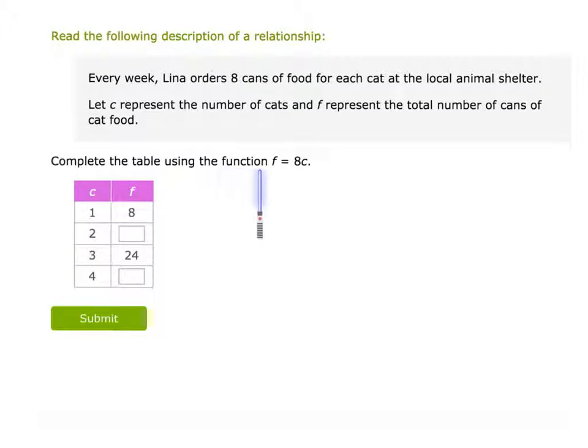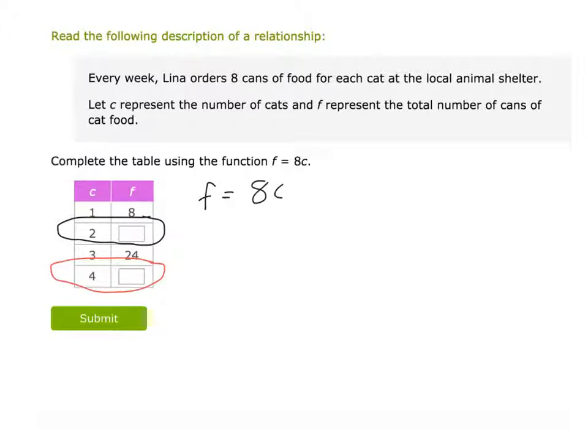Complete the table using the function here. In this case, we have multiplication. We're only going to be looking at row 2 and row 4. Let's start with row 2. So we got F equals 8C.